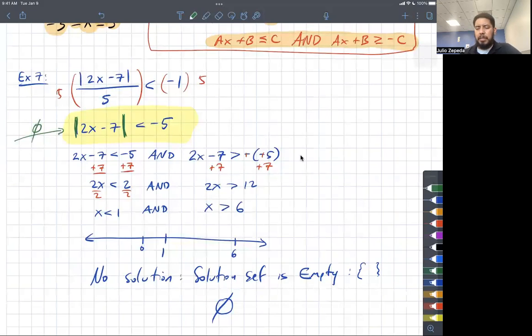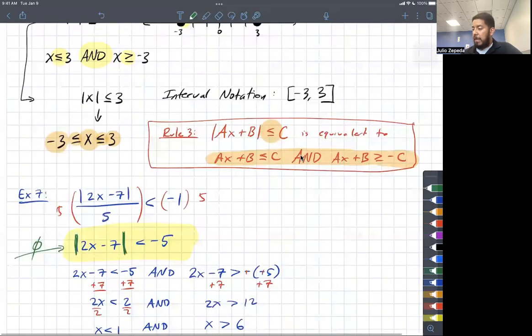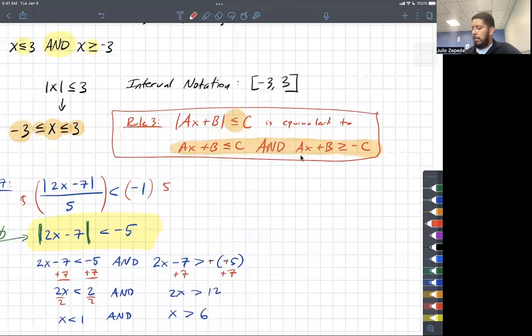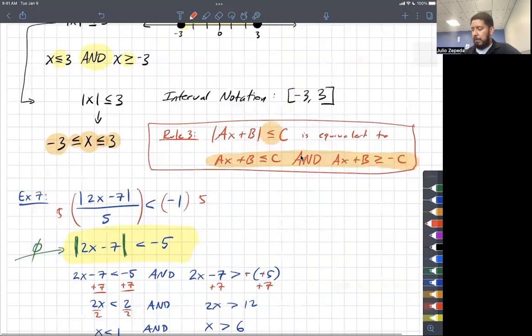We could have stopped at that point and said no solution. But I wanted to work it out with the rule, because you could try it out and see what it gives you, and it gives you something that makes no sense, right? There are no numbers less than 1 and greater than 6. And that's why earlier, and I forgot to do it on rule number 3, I would say this rule applies if that number on the right-hand side, C, is greater than or equal to 0.